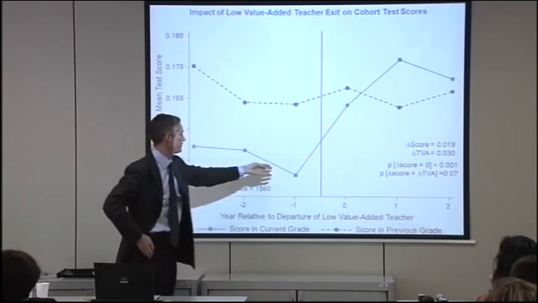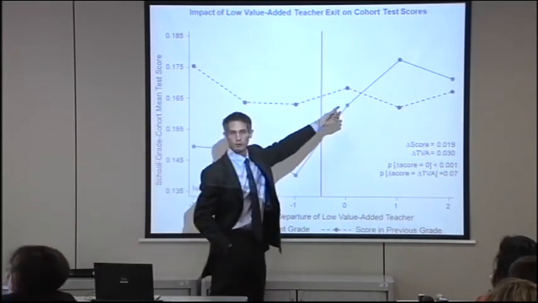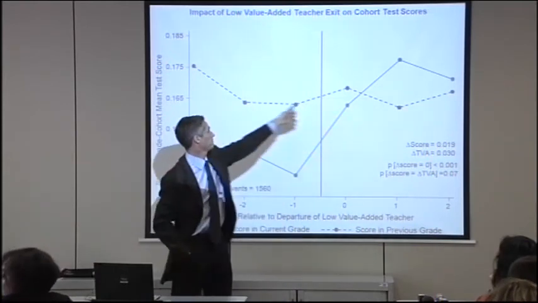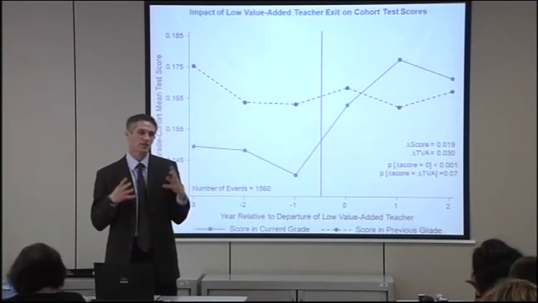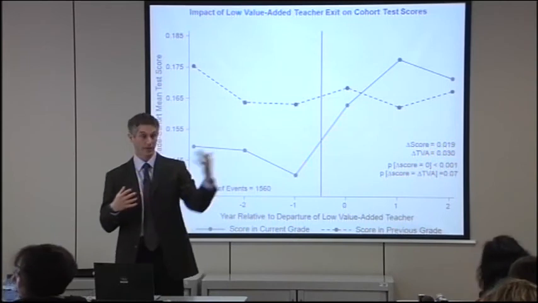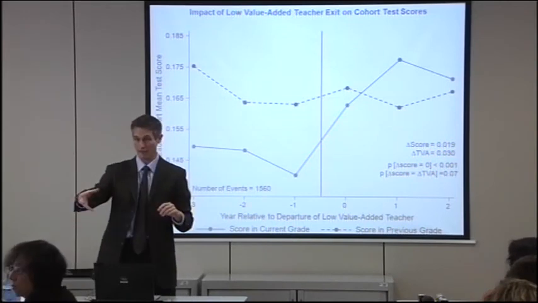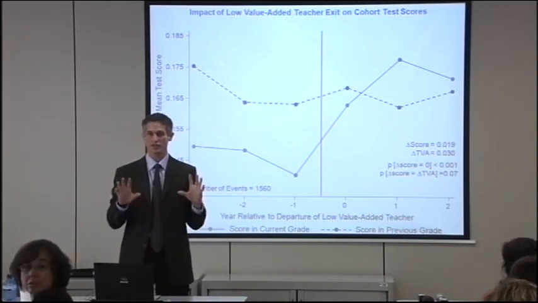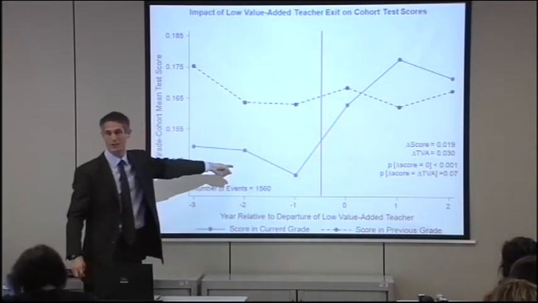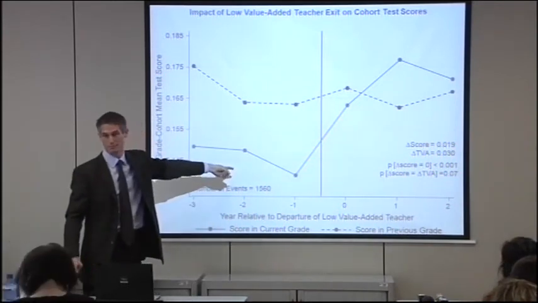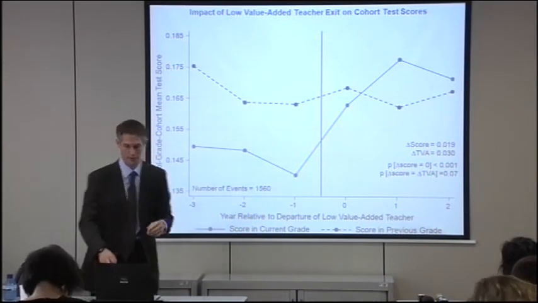Bad teacher leaves, test scores improve. In the grade below that, nothing happening with test scores. Okay? So this isn't an experiment. I can't tell you why the great teacher showed up or why the bad teacher left, but this does give you at least some evidence on the question of what would happen if you fired a bad teacher. Right? Some evidence on that question.